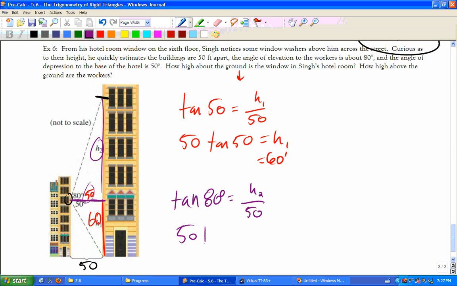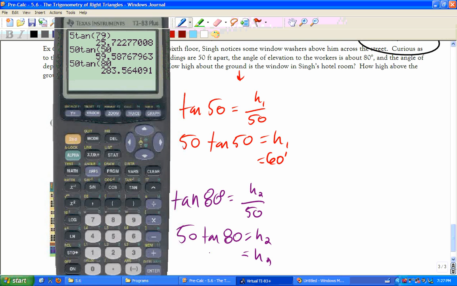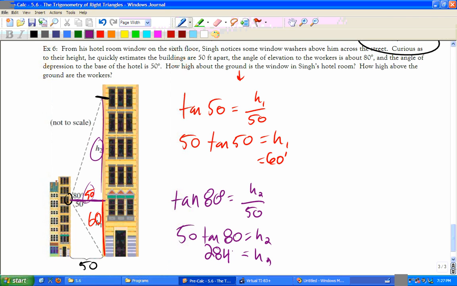So 50 times the tangent of 80 will equal h2. 50 tangent 80, enter, 283 feet. We'll round that off to 284 feet. So their total height up would be 284 feet plus 60 feet, which gives us a grand total of 344 feet.